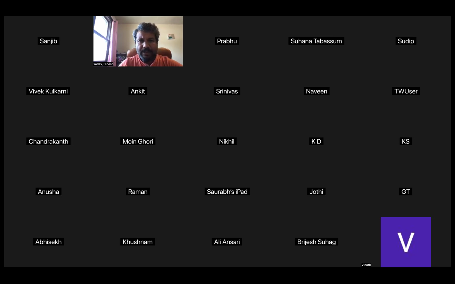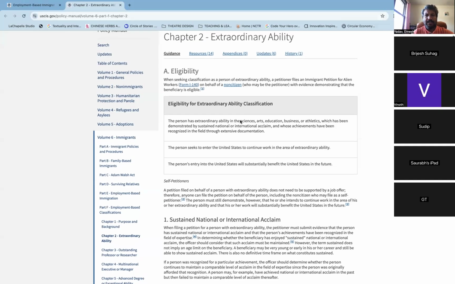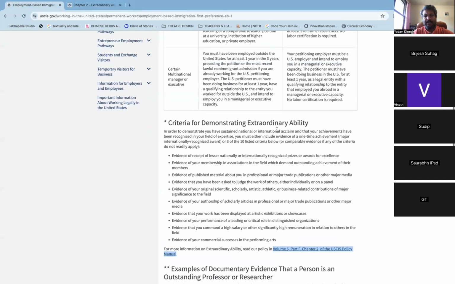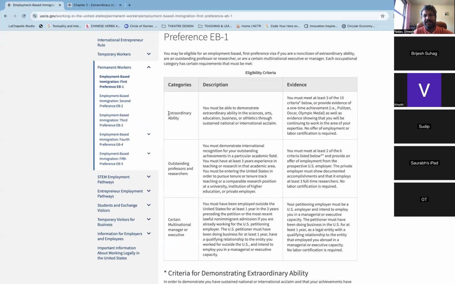I'll try to pull up my Chrome. Let's share this. So this is your EB1 category eligibility, and I'll go into this category. If you look at the criteria for EB1, I'm talking about extraordinary ability, this category up here.